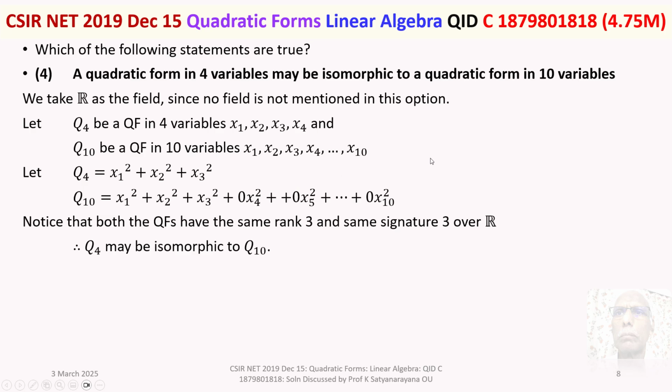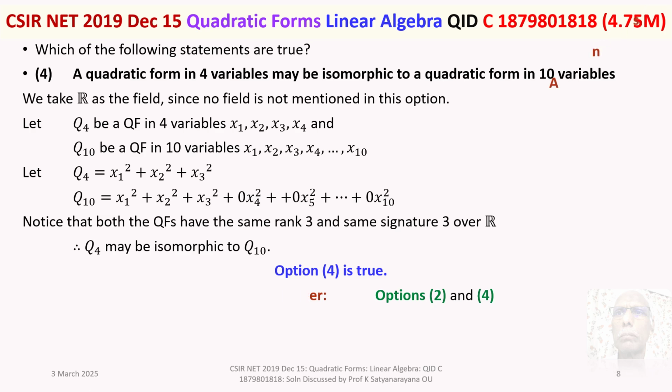But Q4 may be isomorphic to Q10. Therefore, option 4 is true. So combining all the options, the answer to this question is options 2 and 4.